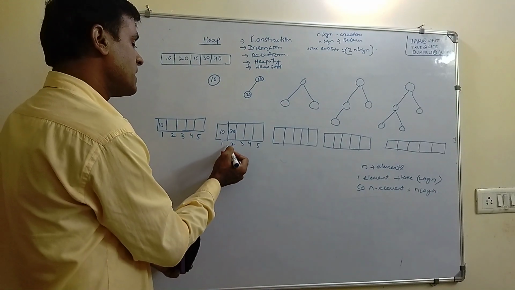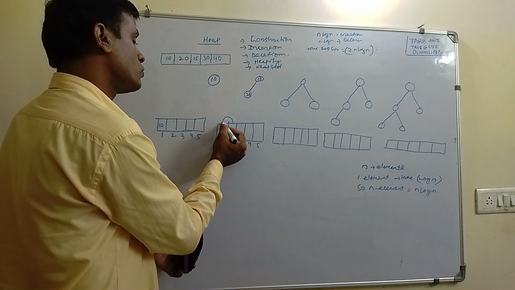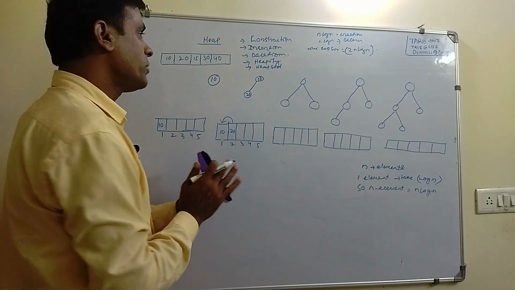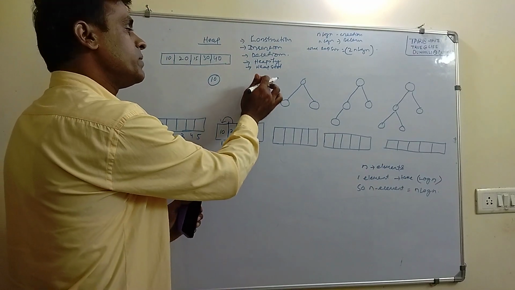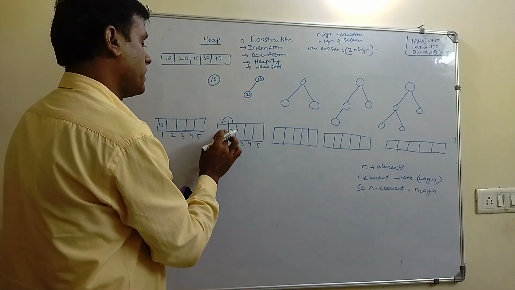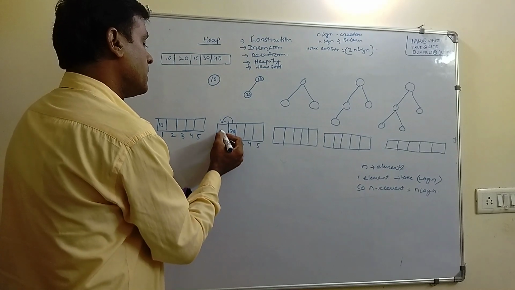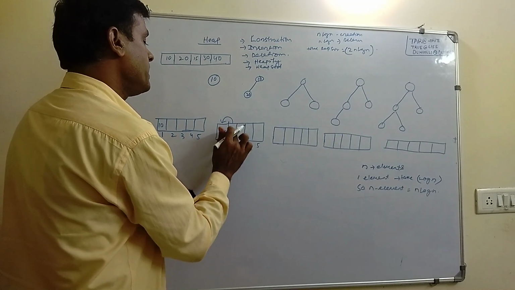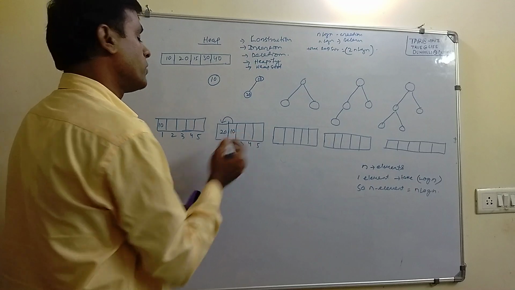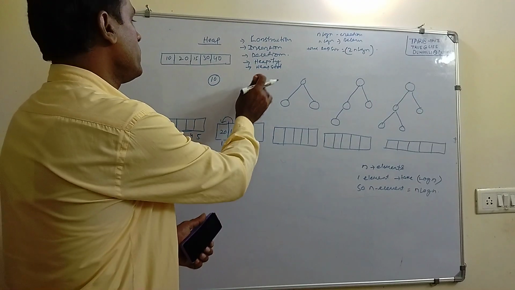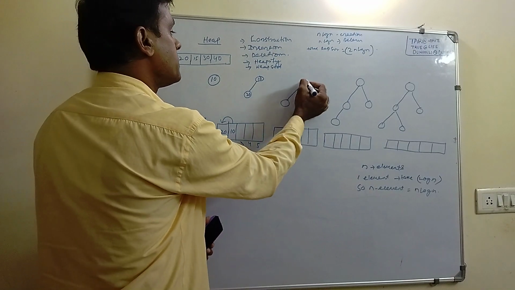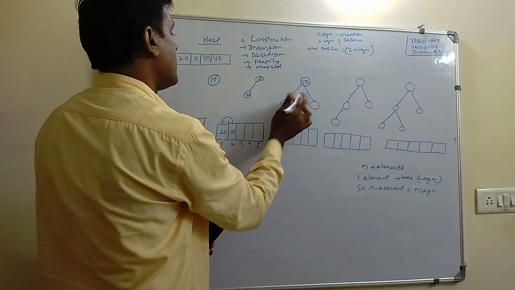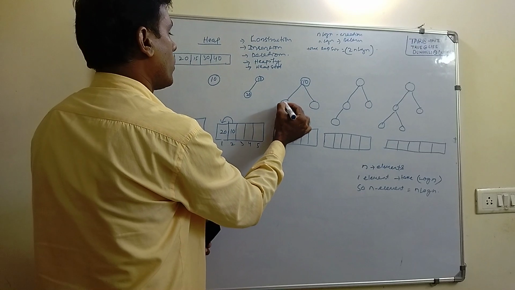So 2 by 2, that is the 1st position, is its parent, so these two will be compared. If you want to create a max heap, then the maximum element will be at the root, so an exchange will happen. Then this will be 20 and this will be 10.